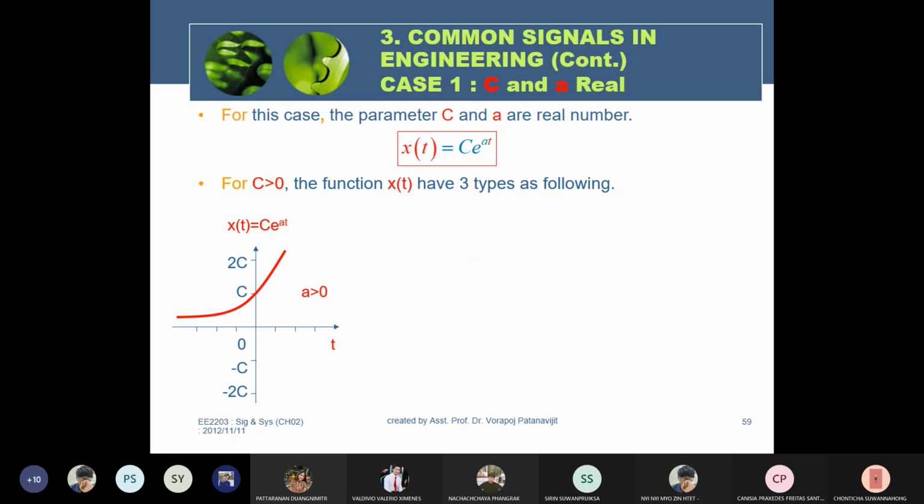C is only a constant multiplier. If C equals 1, the exponential cuts the axis at 1, and as t goes to minus infinity, it approaches 0.